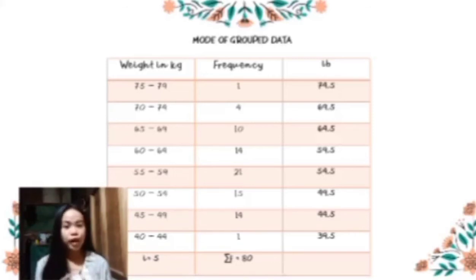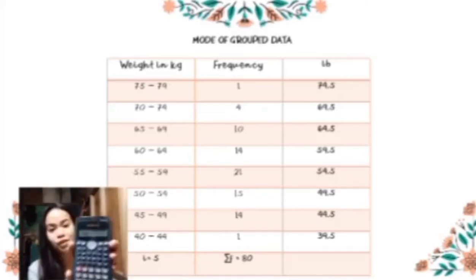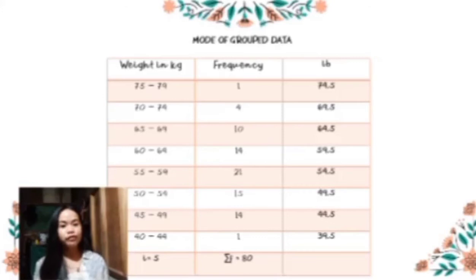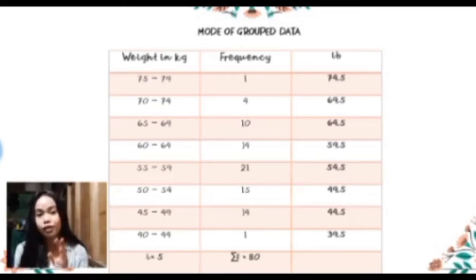Our lower limit is 75, so 75 minus 0.5 is equal to 74.5. 70 minus 0.5 is equal to 69.5. 65 minus 0.5 is equal to 64.5. 60 minus 0.5 is equal to 59.5. 55 minus 0.5 is equal to 54.5. 50 minus 0.5 is equal to 49.5. 45 minus 0.5 is equal to 44.5. 40 minus 0.5 is equal to 39.5.